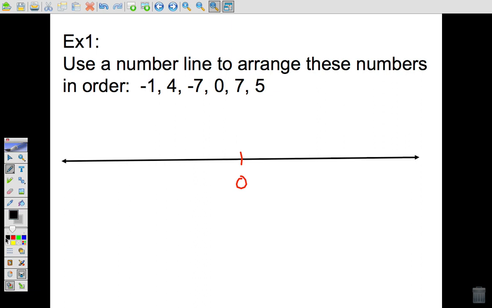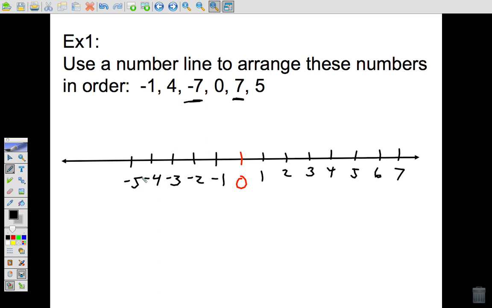I want to go up to at least 7 for the positives and at least -7 for the negatives. So I'm going to go 7 each way. So I have 1, 2, 3, 4, 5, 6, 7. And then for the negatives, I have -1, -2, -3, -4, -5, -6, and -7.